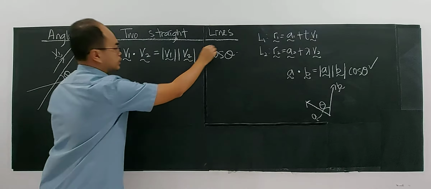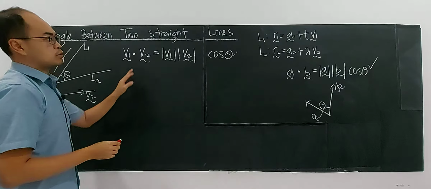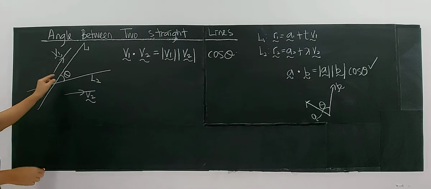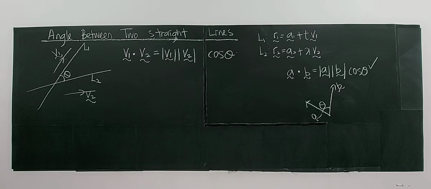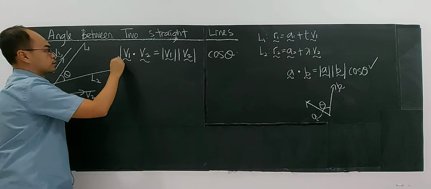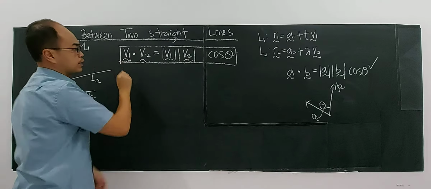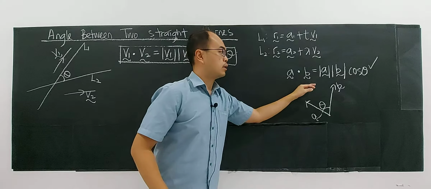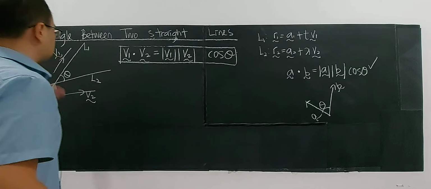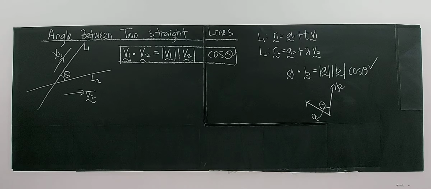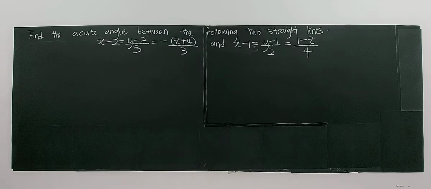We can rearrange this later, and I will show you how to find the angle between the two straight lines. But the most important thing is that you are applying the dot product formula to these straight lines to find the angle between them. Alright, let's continue with an example.